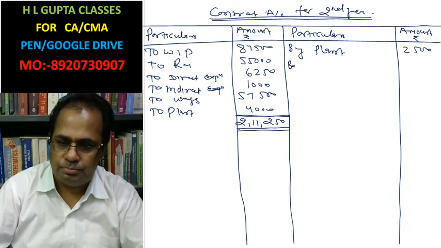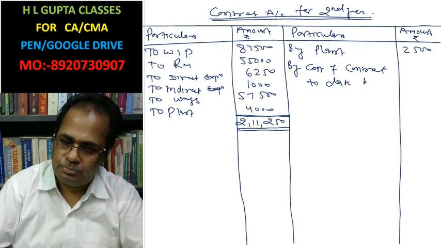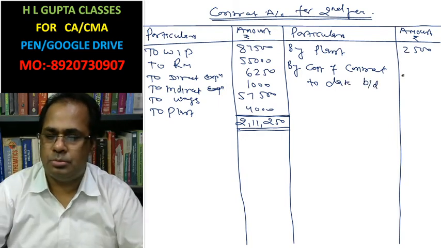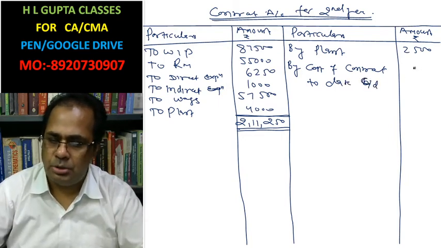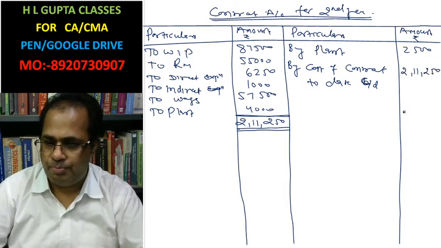By cost of contract to date carried down 2,11,250.